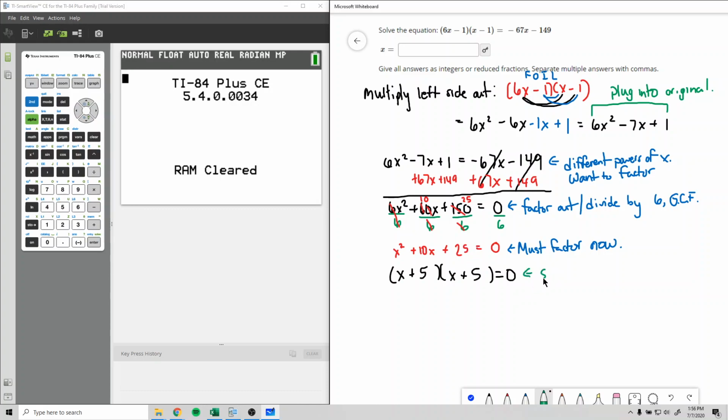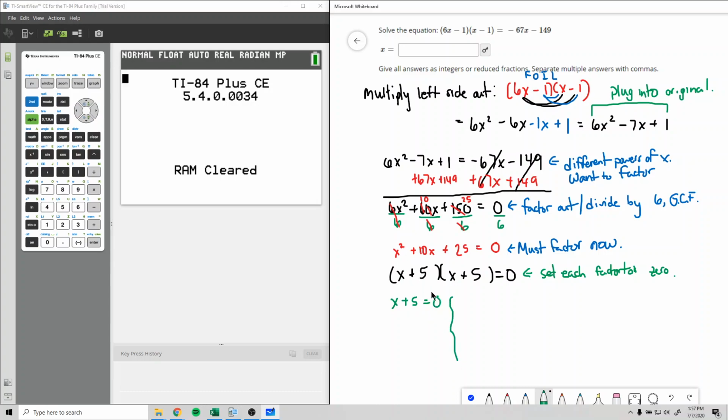And now we set each factor to 0 like we have been. If you see another way to do it, you might notice that these are both the same factor and you can combine them into one. You can do that as well. It doesn't really matter. If we set each factor to 0, you know what's going to happen here.